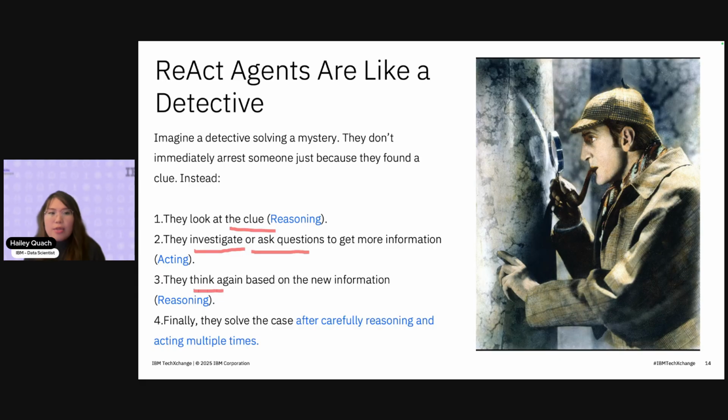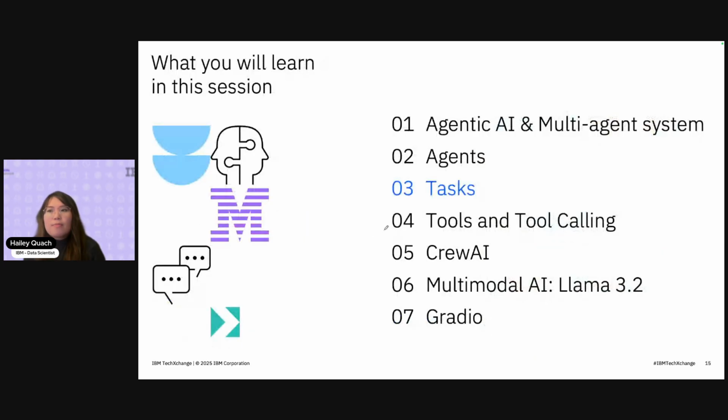And then after that, they will think again to get more information. And then finally, they solve the case after carefully reasoning and acting multiple times. I hope with that you have a very good idea what agents are in MAS.